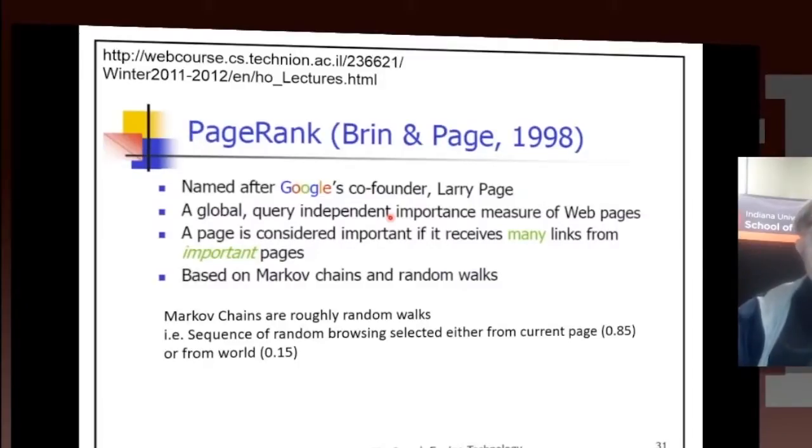So any one page is gone to with probability 0.85 over the number of links on the page, or it goes elsewhere 15% of the time. These numbers, 85 and 15, which add up to 100, can be chosen to different values. These are just typical values. And 15% of the time, it will just go to a general link. Naively, that means the person goes up to the top of the browser and types in a new link into the web page and goes there.